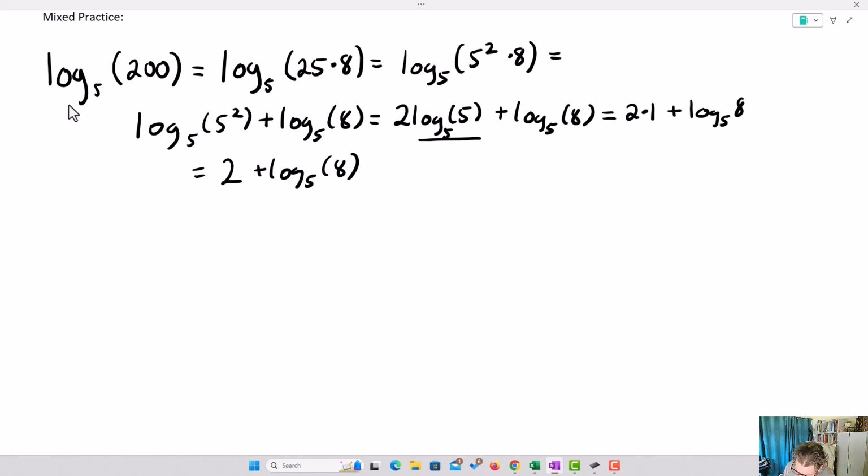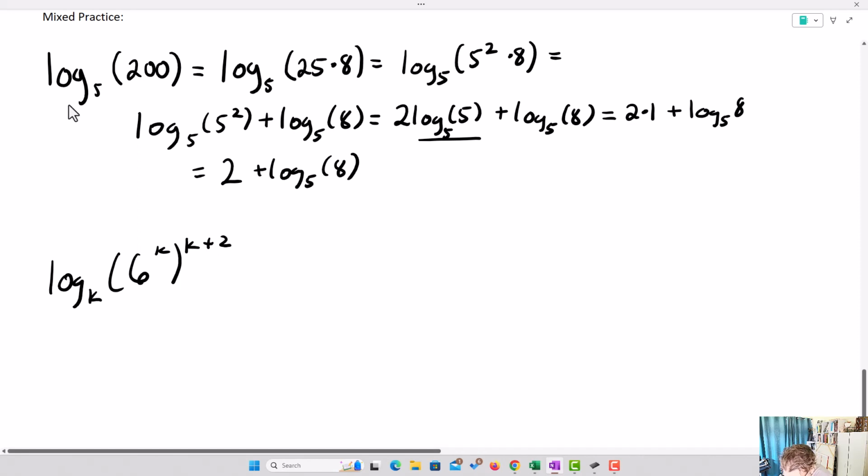Let's try another one. Let's say, for example, that what I've got here is log base k of 6 to the k plus 2. So now I've got a couple of different bases. So what I'm going to do here is pull out k plus 2.